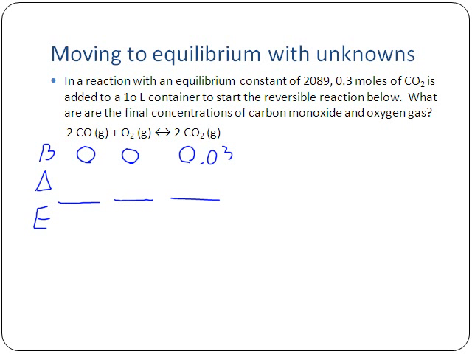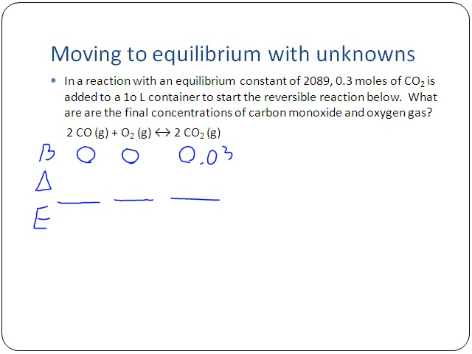We do know that since we started off with 0.03 molar on the right, this reaction is going to have to start off by going left. And so that means that the carbon dioxide is going to lose, and the carbon monoxide and the oxygen are going to gain in their change. Of the three things, we have two carbon monoxides, one oxygen, 2 carbon dioxide.